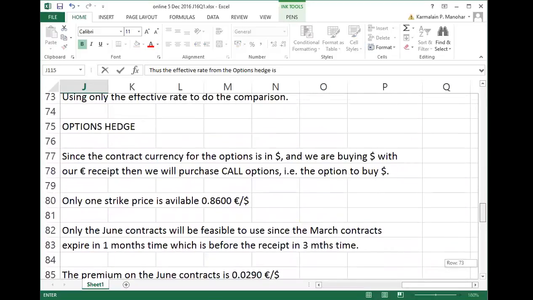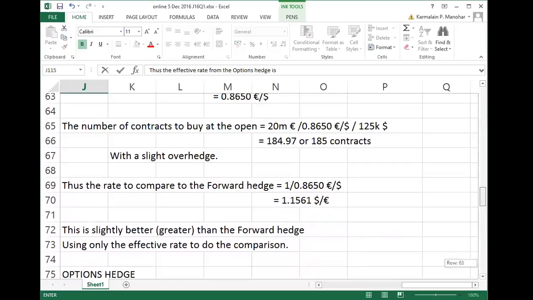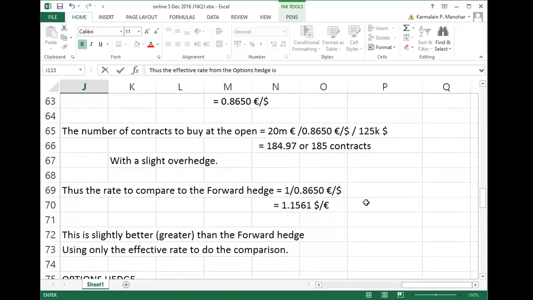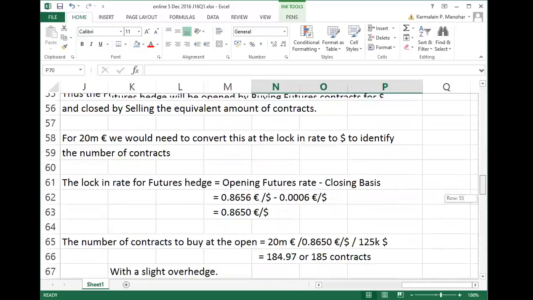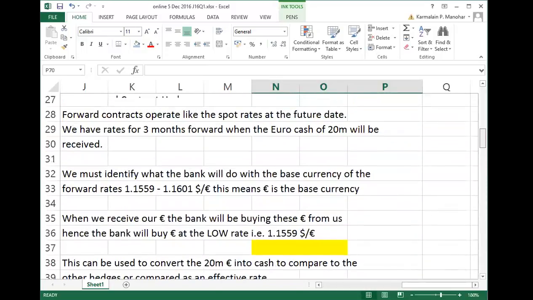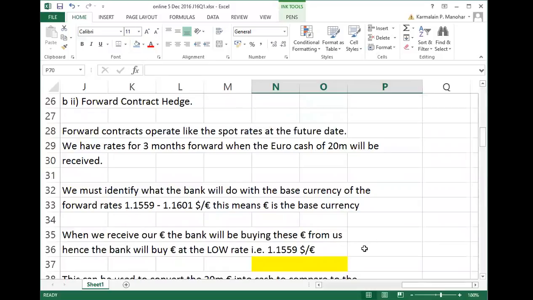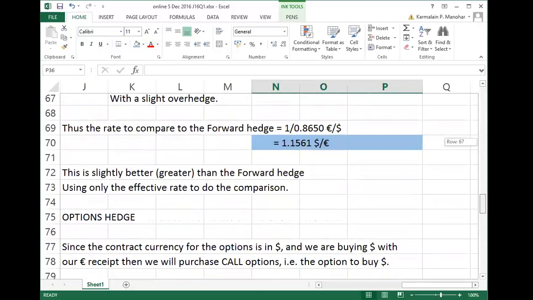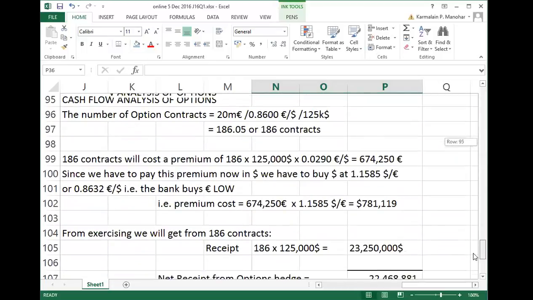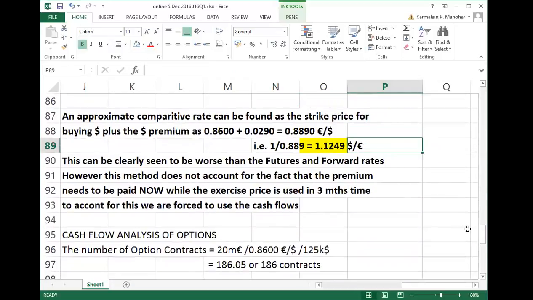Dollars per pound there, dollars per pound here, 1.561. And this is what caused our futures hedge of 1.561 to be larger than our forward hedge of 1.559. So 1.559 compared to 1.561, 61 was higher, and of course the option here was lower.